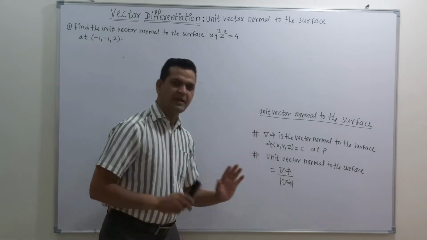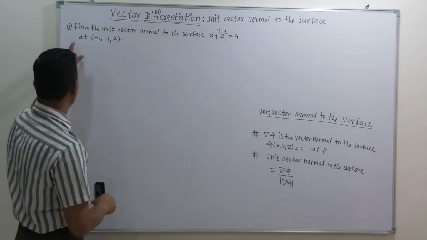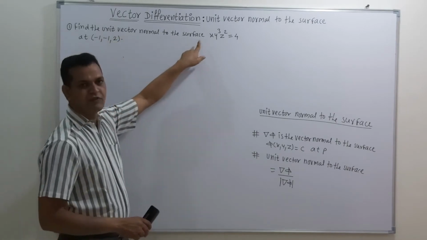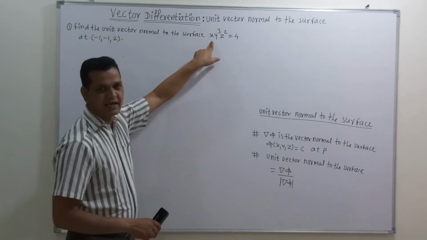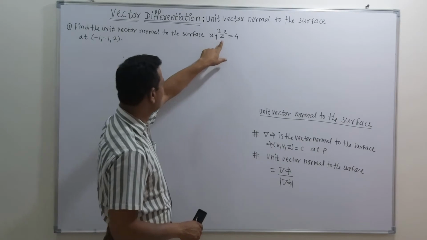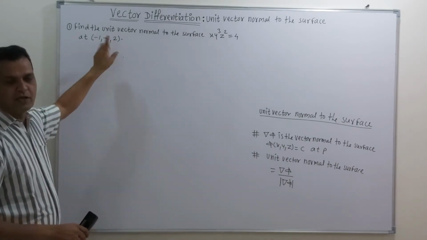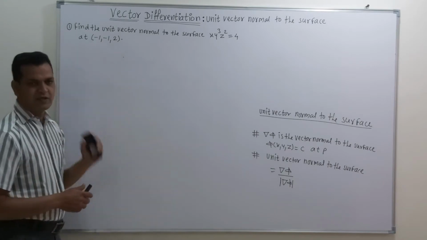Now based on this concept, let's take the first example. Find the unit vector normal to the surface x y cube z square equal to 4 at the point (-1, -1, 2). So this is the problem.